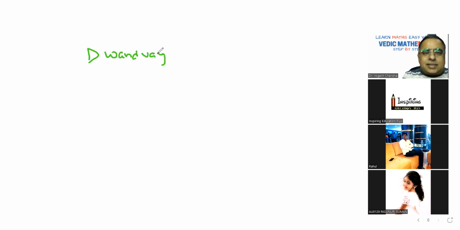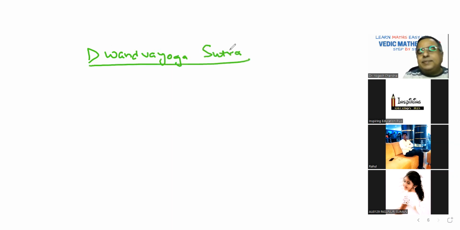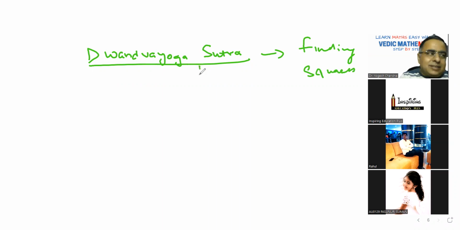We did this earlier also, Rahul, Karishma, Suman, when finding squares by the duplex method. Dvandva Yoga Sutra means by adding duplexes.